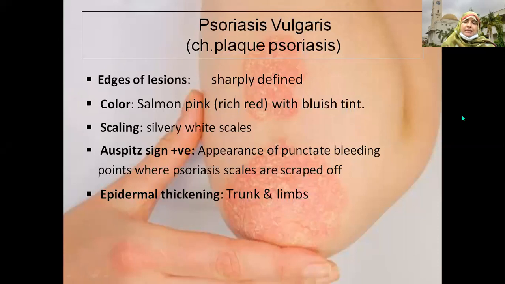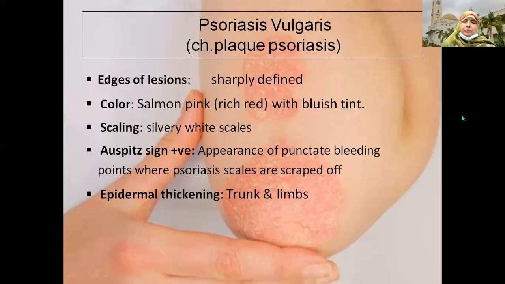These are raised above the surrounding skin. These are salmon pink, rich red with a bluish tint, and when not treated, they usually have silvery white scales. And as I told you, the Auspitz sign is positive, that is, appearance of punctate bleeding sites where psoriasis scales are scraped off, and there is epidermal thickening.